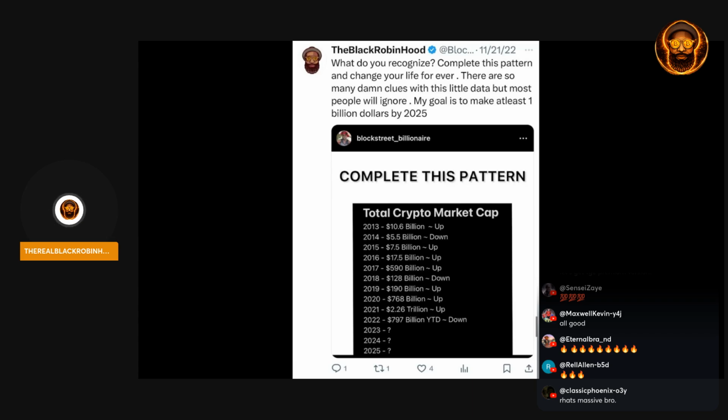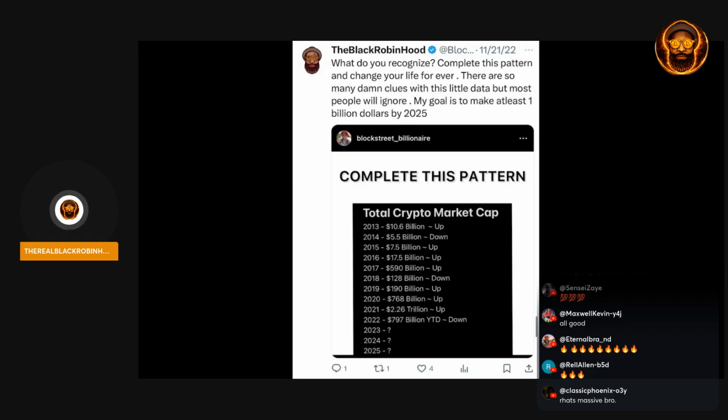So all the money that has gone out will find its way back, and your goal is to tap in and make as much as you can, because when it was 2.2 trillion, it came down. That means people took profits out of it. And then from 797, it came back up to like 3 trillion, which means new money came in.